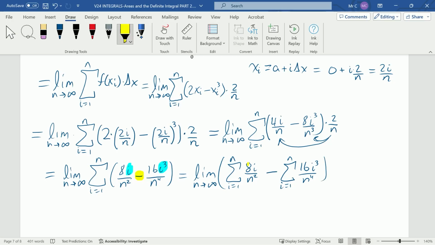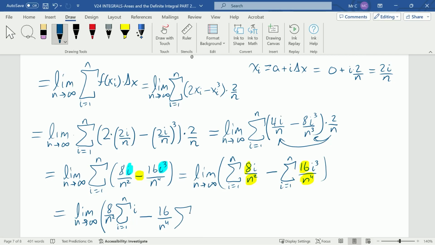Now remember, everything inside the sum that isn't a function of i is treated as a constant by the sum, so we can pull those things right out in front of the sums. That gives us 8 over n squared times the sum from i equals 1 to n of i, minus 16 over n to the fourth times the sum from i equals 1 to n of i cubed.